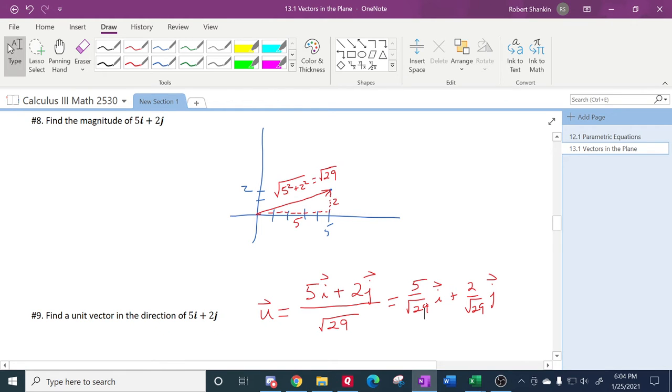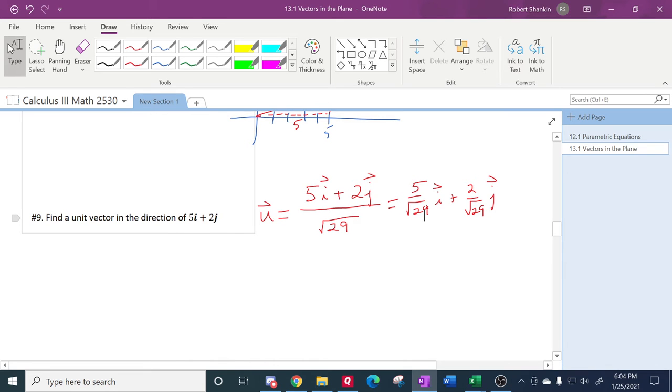And so if we'd said, find a unit vector in the direction of a general vector A, the answer would be u is equal to A divided by the magnitude of A. That gives you a vector, so a unit vector has magnitude 1.